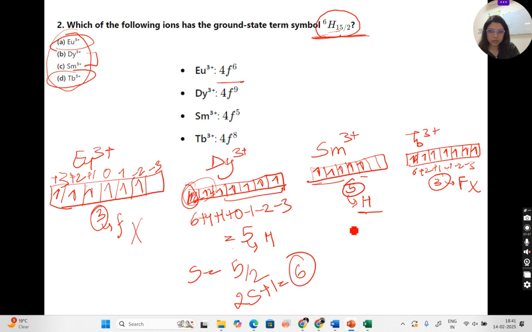Here also S is 5 by 2 and the spin multiplicity is also 6. So both of these are 6H.